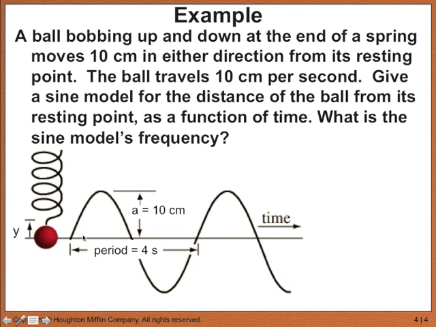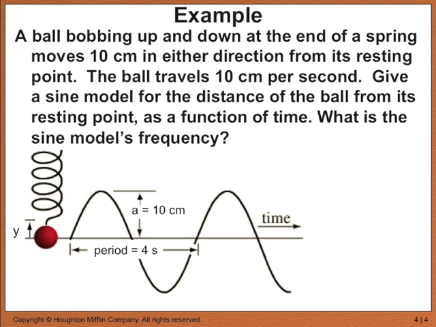If the ball is going from resting point to its uppermost position, then it has to travel vertically 10 centimeters. And then it goes back down to resting point. It has to travel vertically another 10 centimeters. And then it goes back down another 10 centimeters. And finally it goes back up another 10 centimeters. And we know that because the amplitude is 10 centimeters.